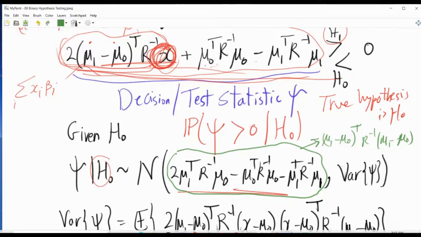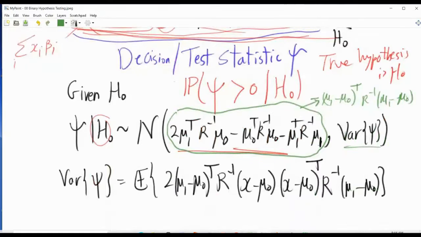Because if you expand it, you get minus mu1 transpose R inverse mu1, minus mu0 transpose R inverse mu0, and then the cross terms can be combined in this real valued case, and with a minus sign outside, it will give you 2 mu1 transpose R inverse mu0.